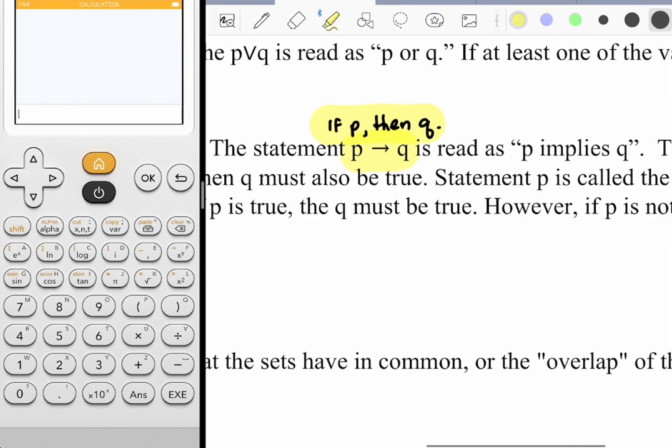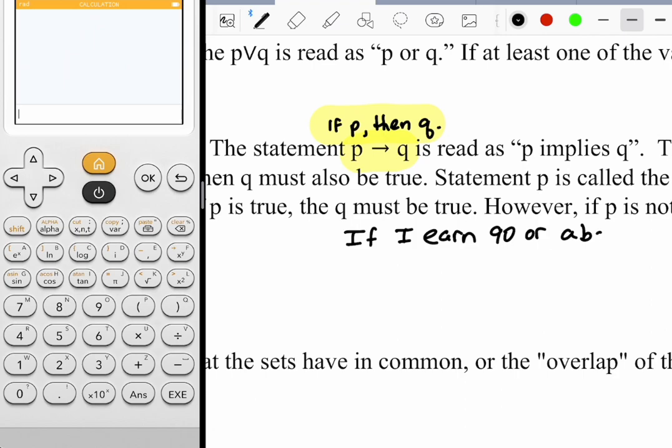I'll just jot that down. If I earn 90 or above, I will get an A.